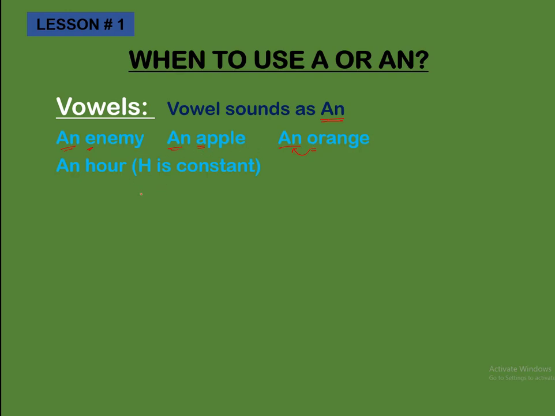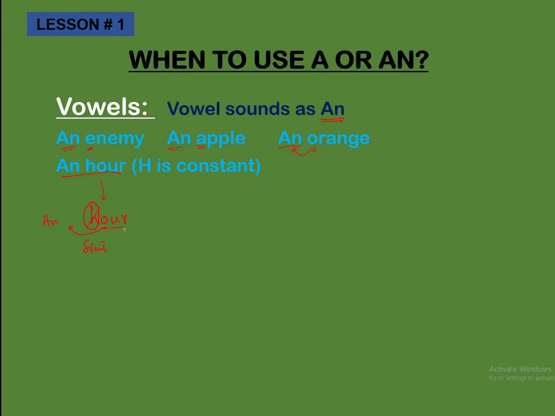Etc. Exceptional cases are there. If you look at the spelling of hour, it is H-O-U-R, but even then we are going to add an before it. Why? Because H in this case is considered silent. It has no use. So when a silent H is followed by a vowel sound, even in that case we will use an before it.